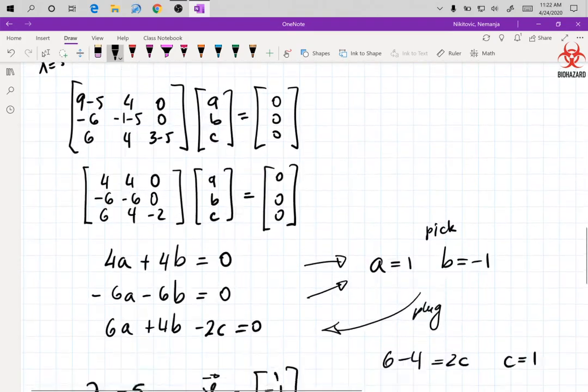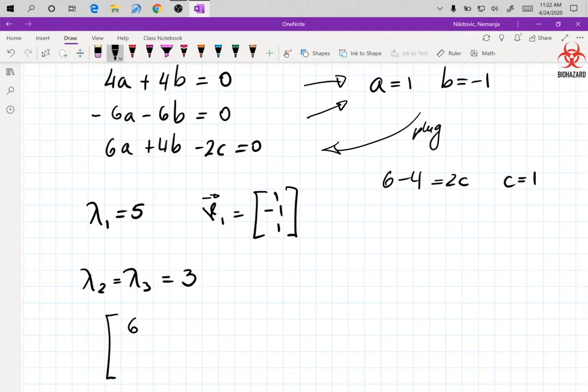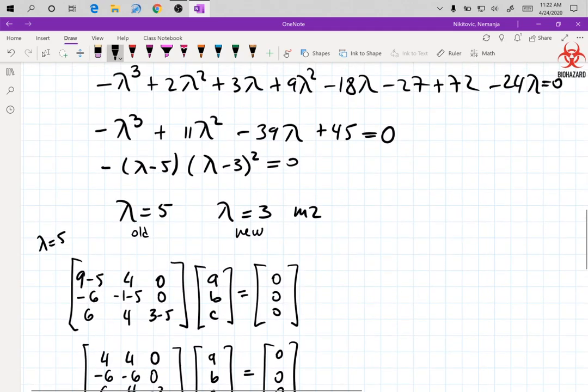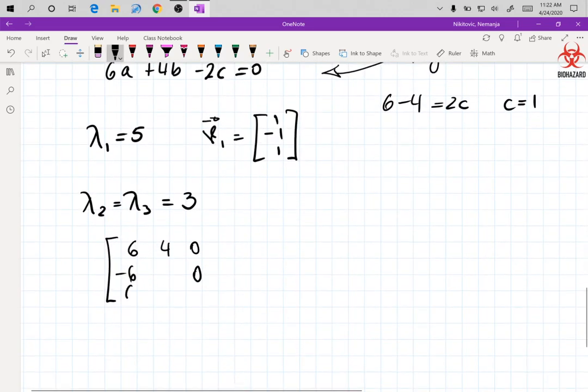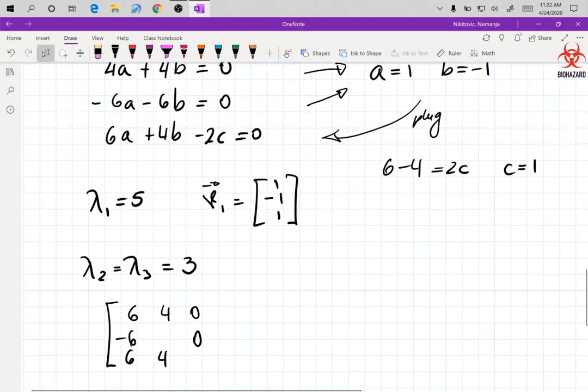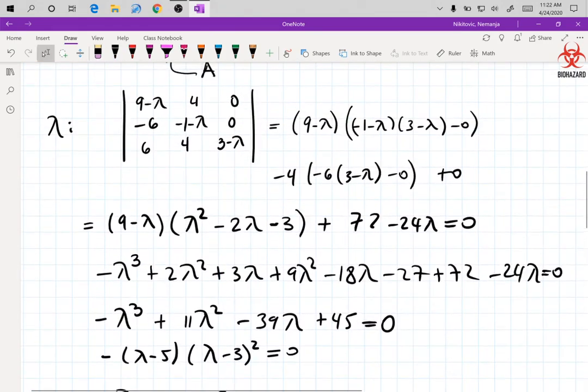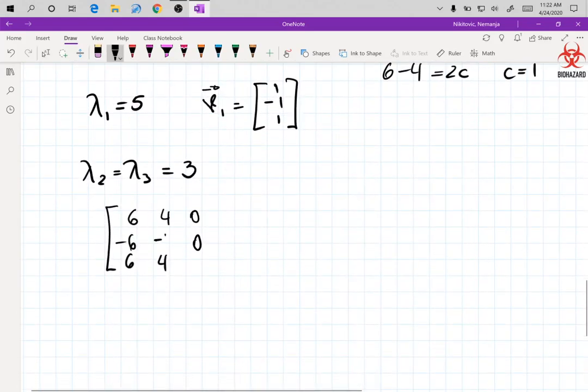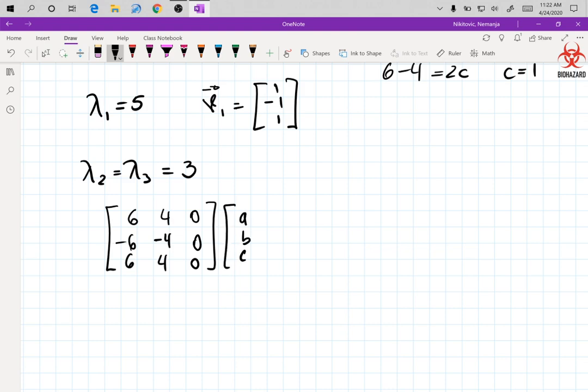9 minus 3. That's a 6. Was that a 4 and a 0? And I know there was a 0 here and negative 6 over here. Yep. Then we have a 6 and a 4. All right. And now I just need to subtract 3 on the diagonals. Negative 4 and a 0. There we go. Times a, b, c, and then 0, 0, 0.